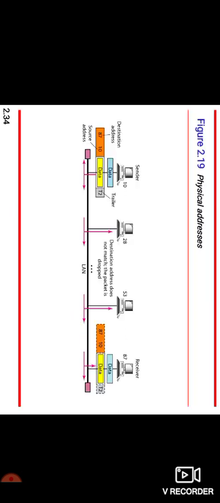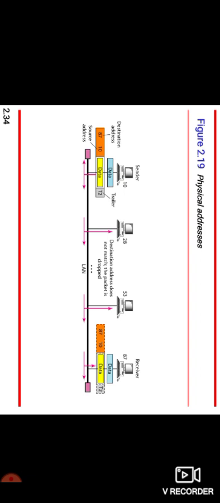This is an example. The node with physical address 10 wants to send a frame to a node with physical address 87. The two nodes are connected by a link or a bus topology. As shown in the figure, the sender is the node with physical address 10, which is included in the frame as the source address.